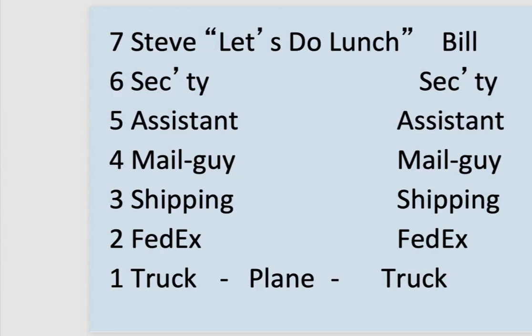Well, the analog for us in the real world for these layers is when a CEO says, I want to do lunch with the CEO of another company. Then the secretary writes that down and gives it to her assistant, and he puts it in an envelope with an address, and then gives that to the mail guy who decides how it's going to be shipped.